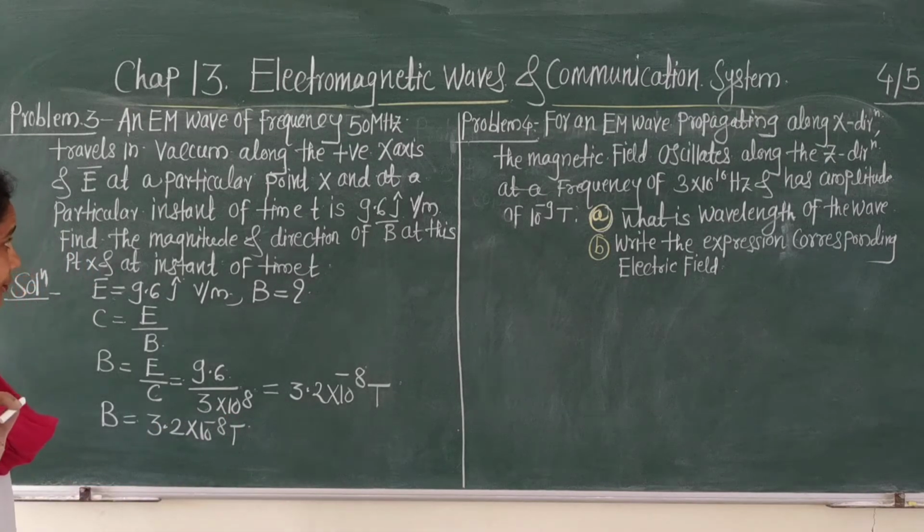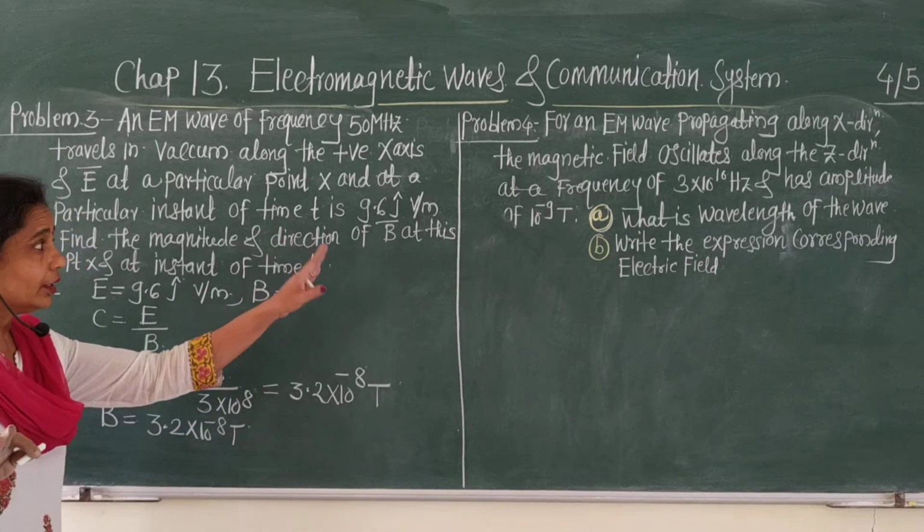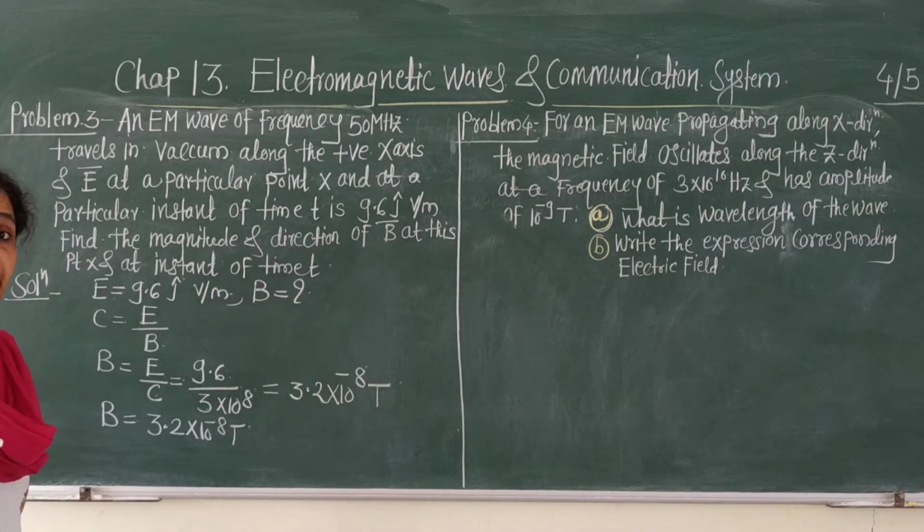This is the magnitude of the magnetic field. Now we have to calculate the direction of the magnetic field.